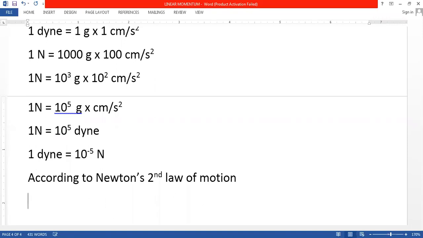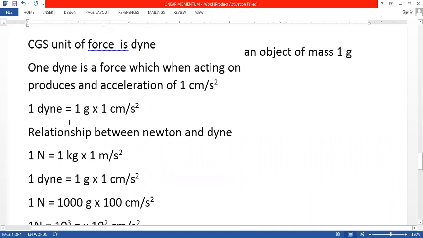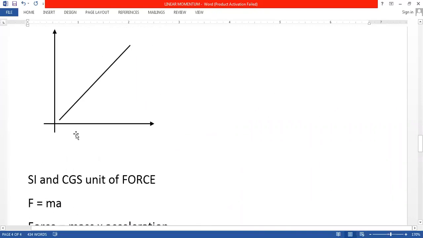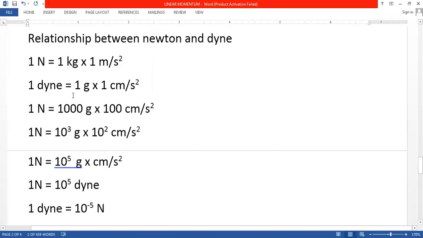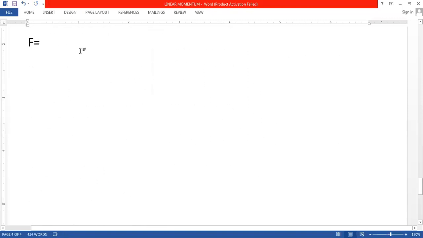What we concluded was F is equal to delta P upon T, or delta P by delta T as well. It doesn't make any difference because we are talking about the time interval.